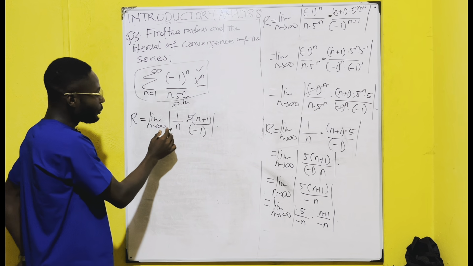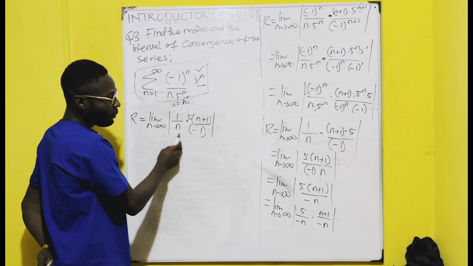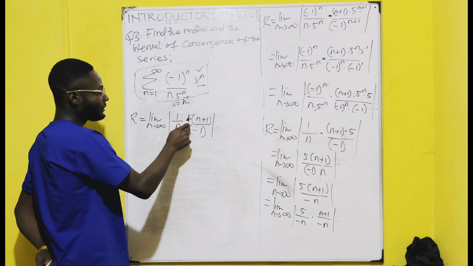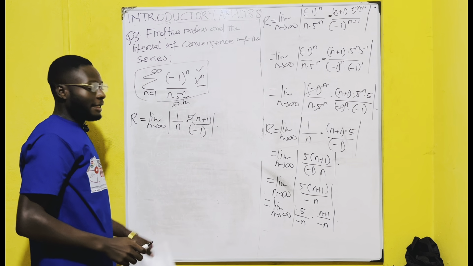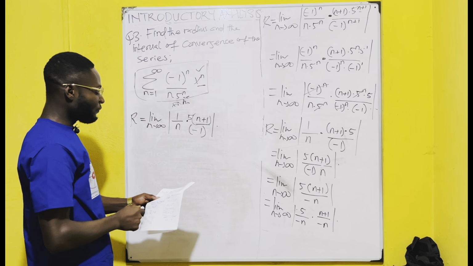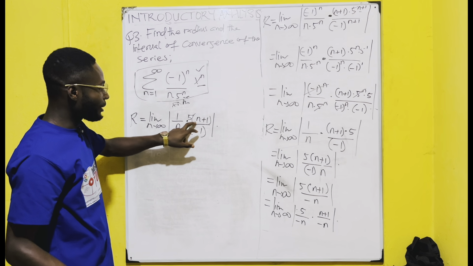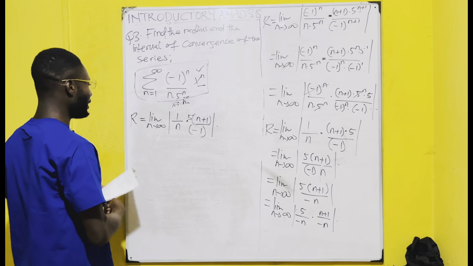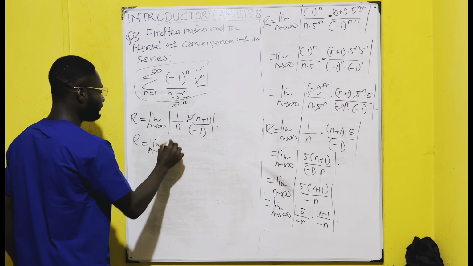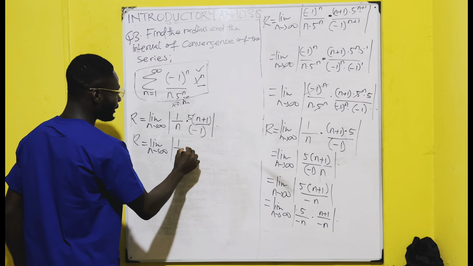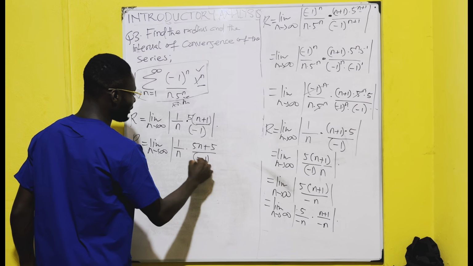So we chose to write 1 over n separately, 1 over n separately times 5 into (n+1) divided by negative 1. So from here, we can expand the bracket. When we do that, we have the limit as n approaches infinity of 1 over n times 5n+5 divided by negative 1.